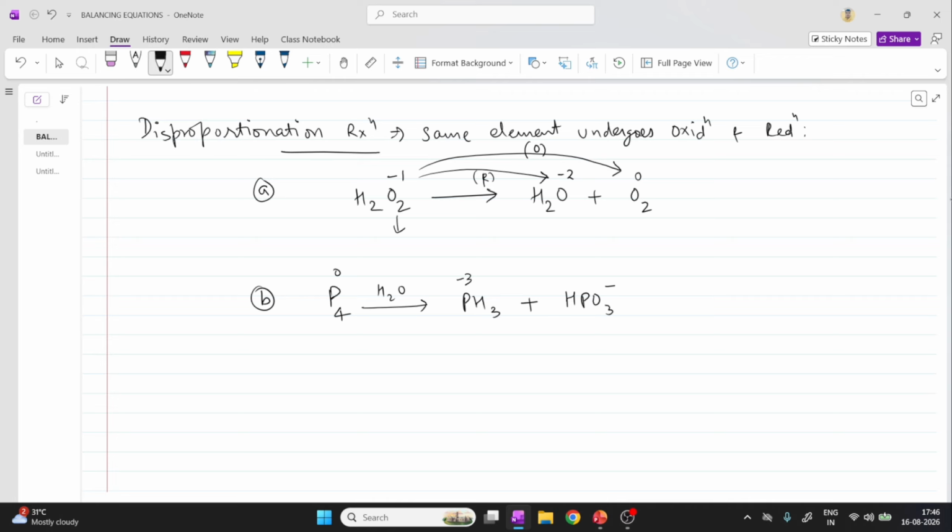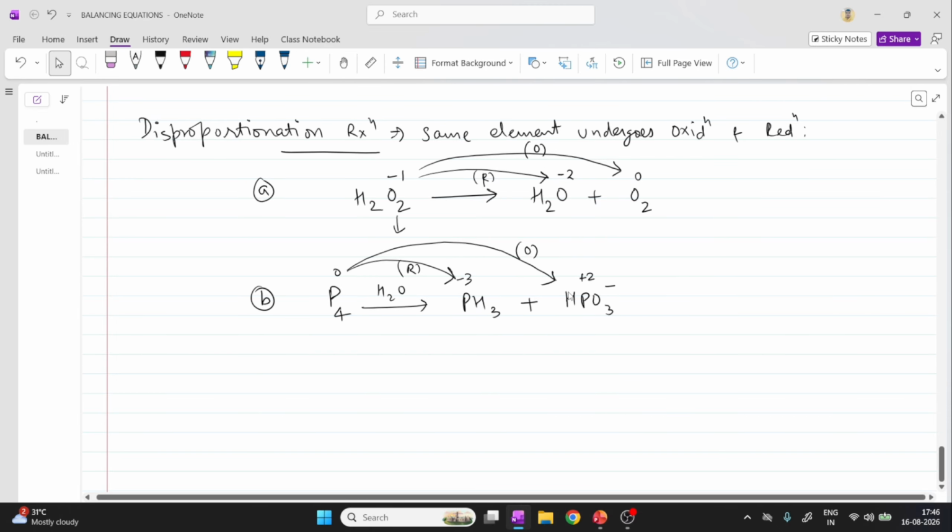Whereas in this case, when we calculate the oxidation state, phosphorus is present in plus 2. So 0 to minus 3 is decreasing, that means reduction. At the same time, it is going from 0 to plus 2, so this is oxidation. So again it is a case of disproportionation, because the same element is undergoing reduction and oxidation. So this is a case of redox reaction.